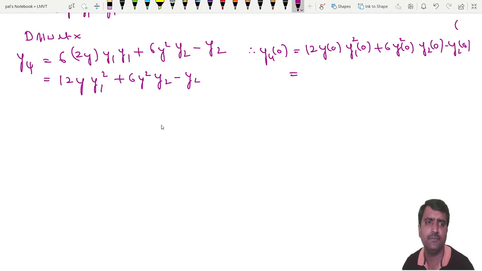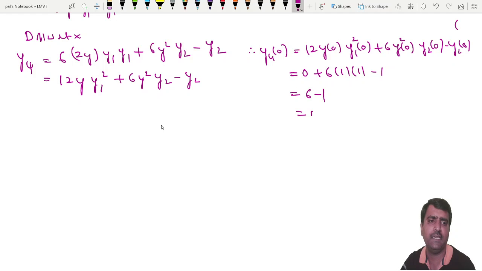You know that y1 of 0 value is 0, plus 6 into y of 0, and y2 of 0 is 1, 1 square means it is 1 only, minus y2 of 0, that is 1. It is 6 minus 1 is equal to 5.